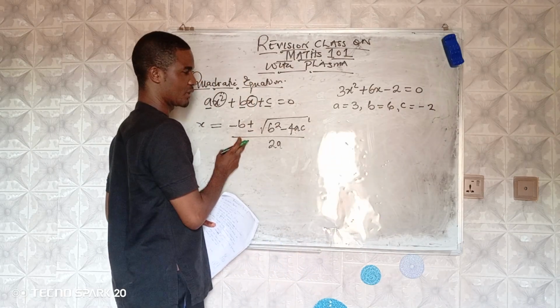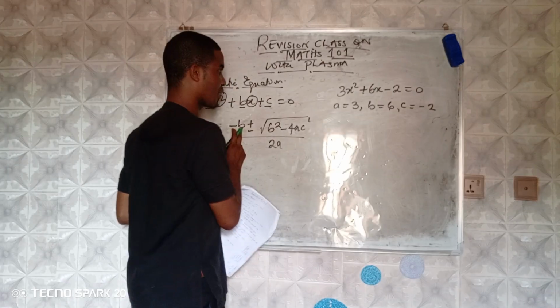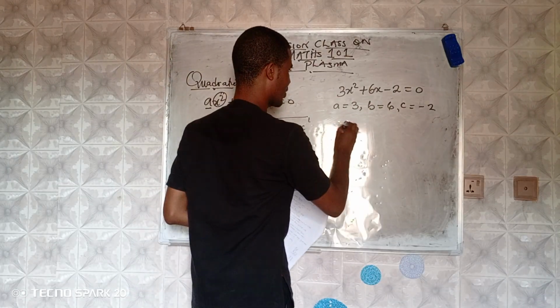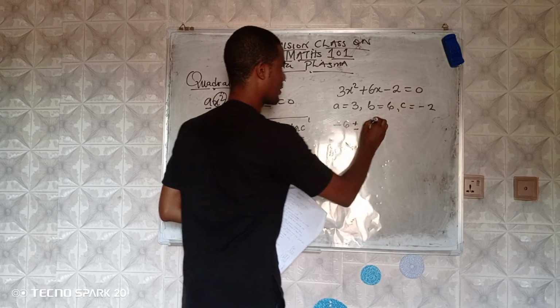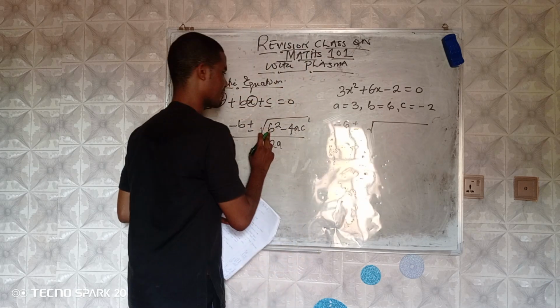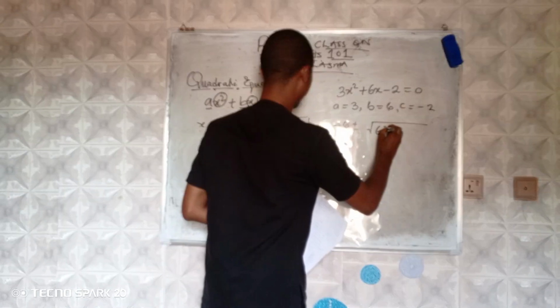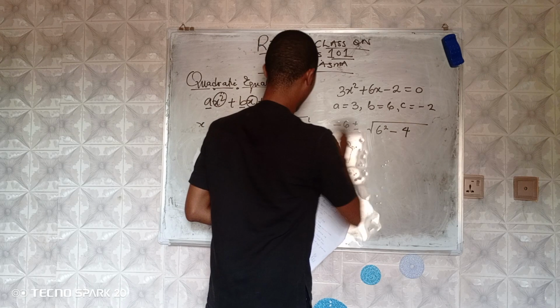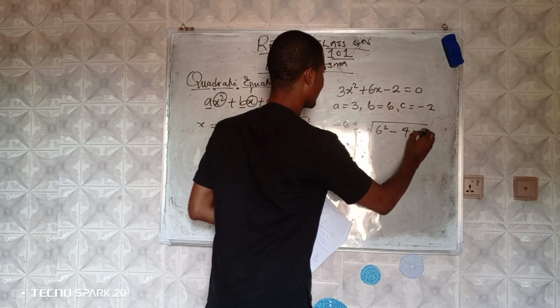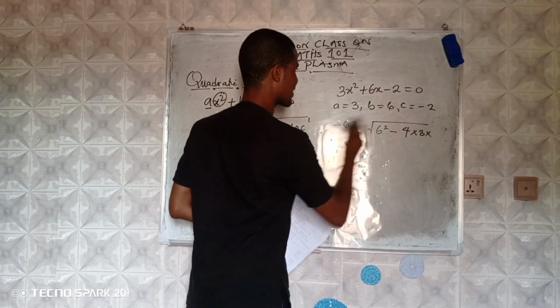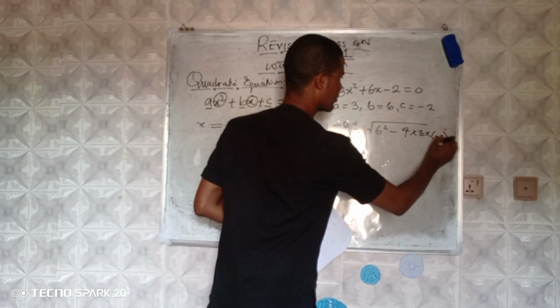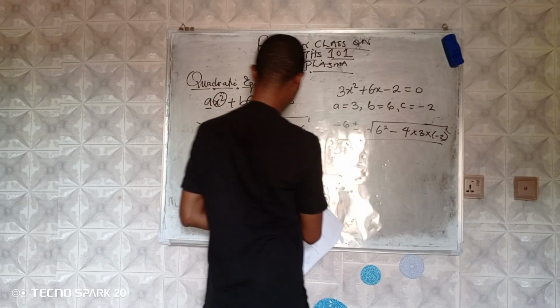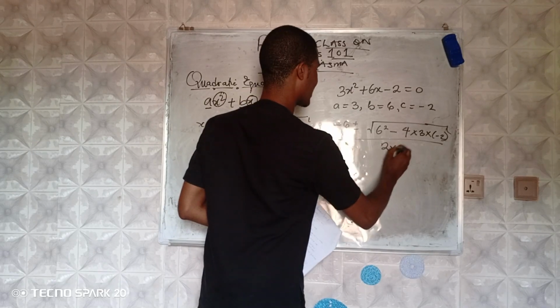So bringing out this formula, it has minus b, so minus 6 plus or minus root of b squared, 6 squared, minus 4 times a times c, all over 2a, 2 times 3.